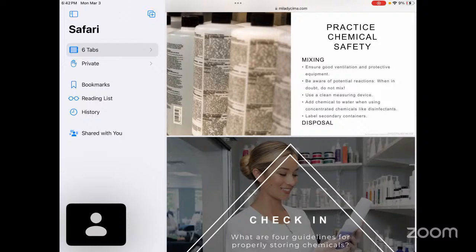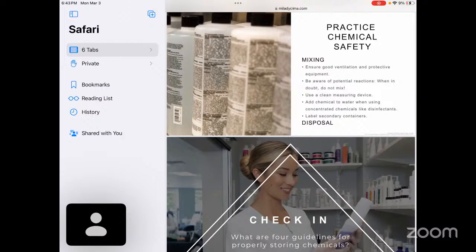Use a clean measuring device. Yes, has to be clean, no leftover residue. Add chemical or water when using concentrated chemicals like disinfectants. You add water to concentrated items, which means it lessens the hazard, but it's just the right amount to make sure disinfection is taking place. Okay.